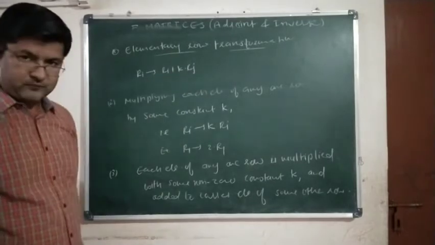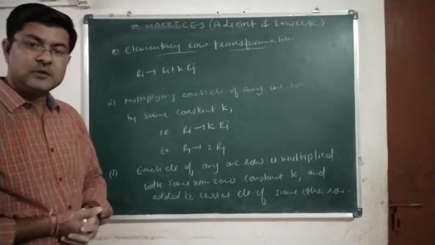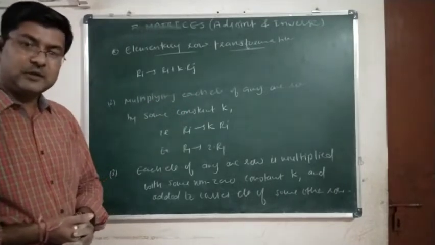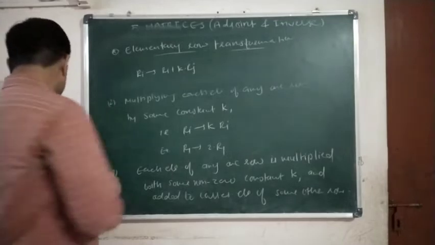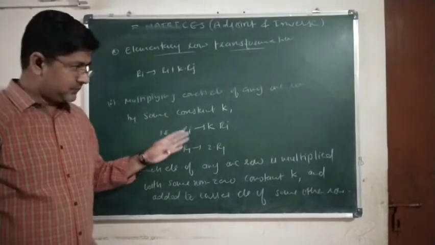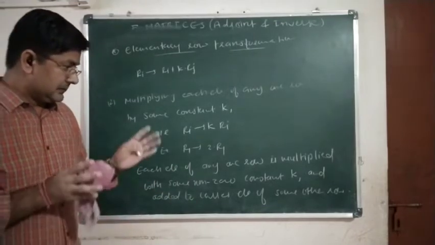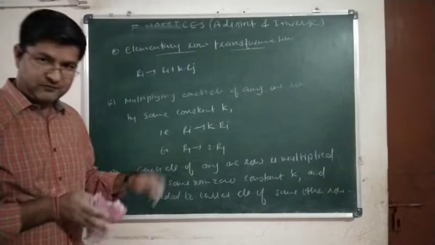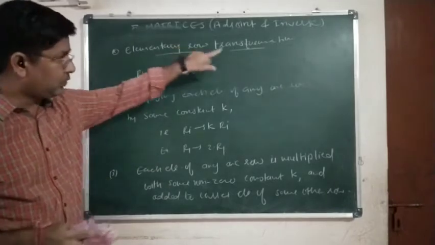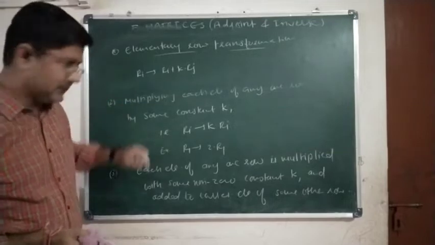So each element of the third row is multiplied with 2 and added to the corresponding elements of the second row. Clear? So these three elementary row transformations we can perform in order to find the inverse. The same operations can be performed in elementary column transformation; R will be replaced by C. Clear?